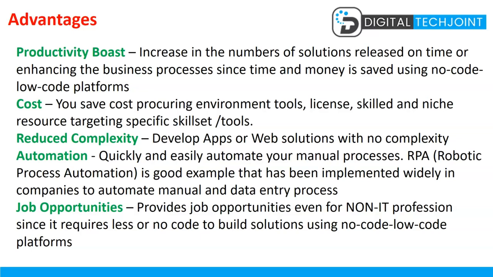Then obviously automation, like quickly and easily automate your manual processes. One big example in this space is RPA, which is robotic process automation. Most of the companies have adopted this. This was like 5 years ago when it created a wave in the industry. People thought they will lose their jobs, and what happened is that once RPA was adopted, companies needed more advanced RPA.